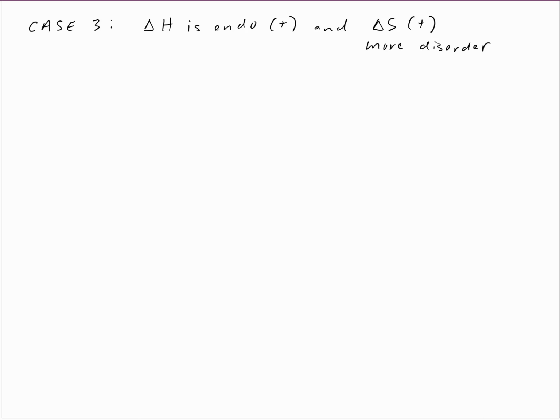Then delta G equals delta H minus T delta S. This will be positive, and this will be positive, making this whole term negative.